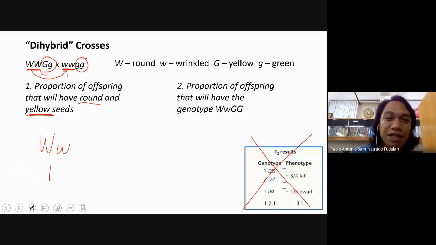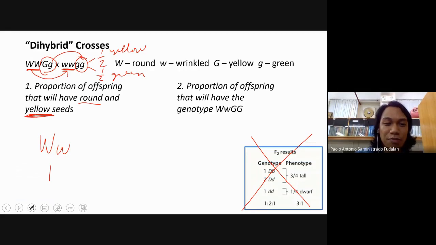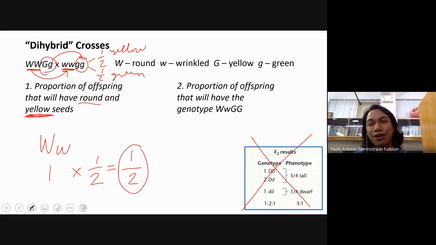So this is going to result in 1/2 yellow and 1/2 green if you cross these two. Since we are being asked for yellow, that's going to be 1/2 yellow. So 1 times 1/2, that's 1/2. So the answer a while ago was correct.